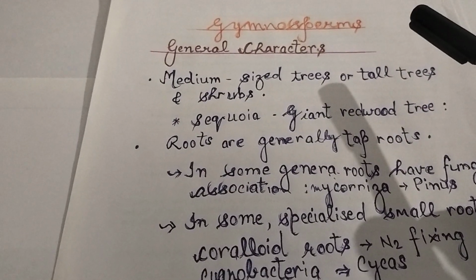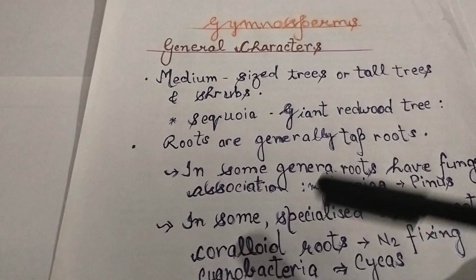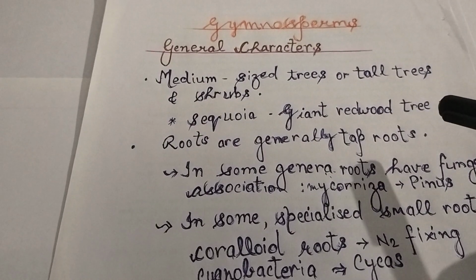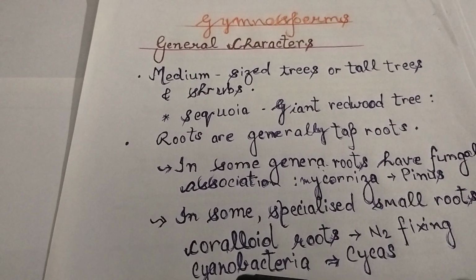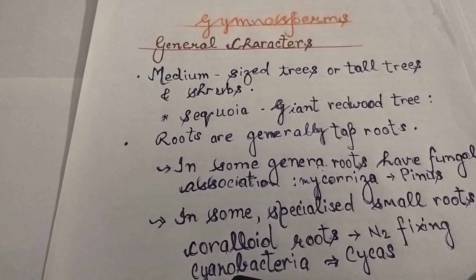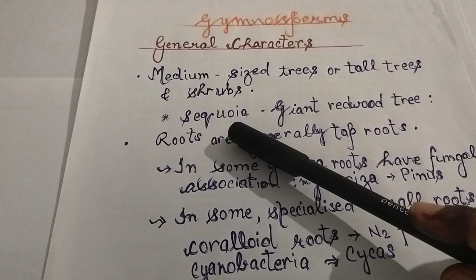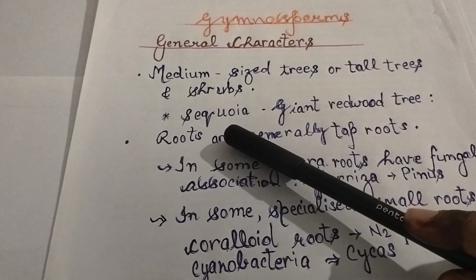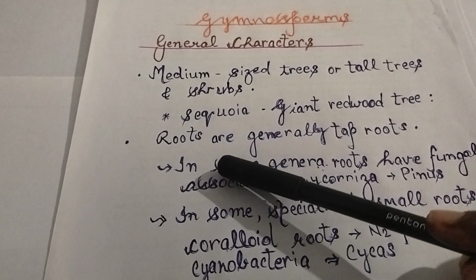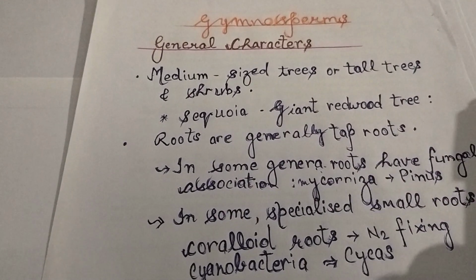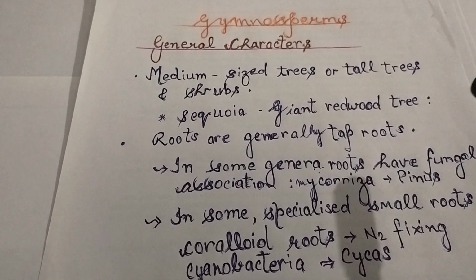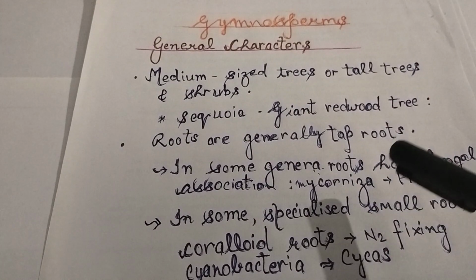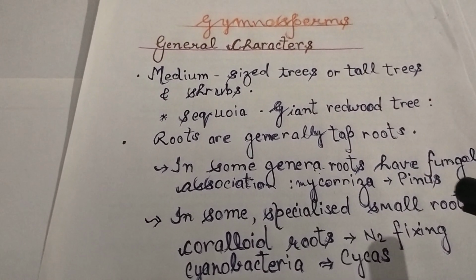Now comes gymnosperms, which include tall trees or medium-sized trees and shrubs. And you know, one of the gymnosperms, the giant redwood tree, that is Sequoia, is one of the tallest tree species.